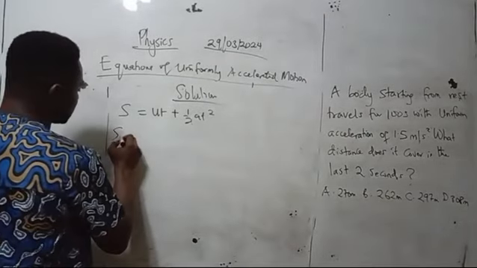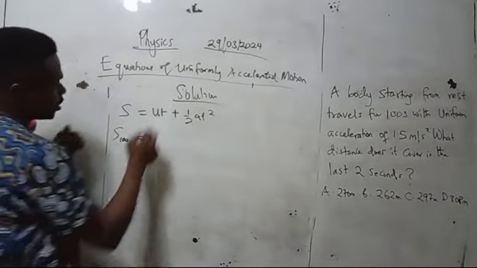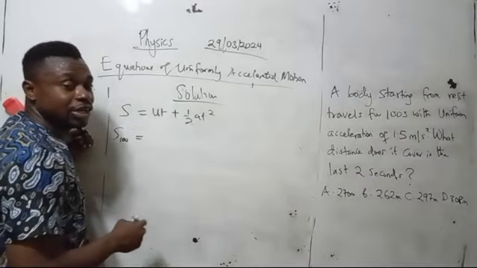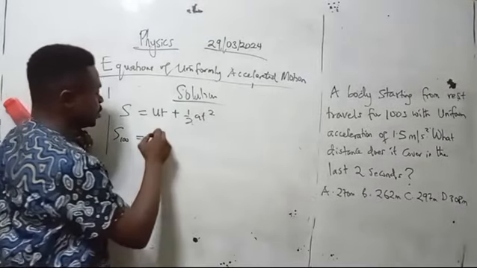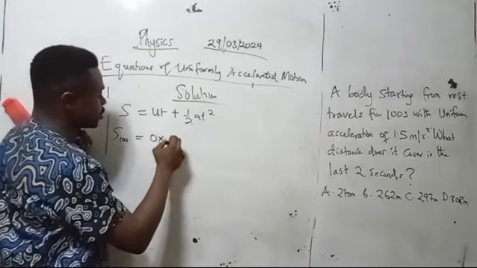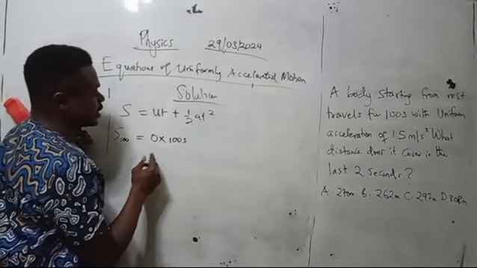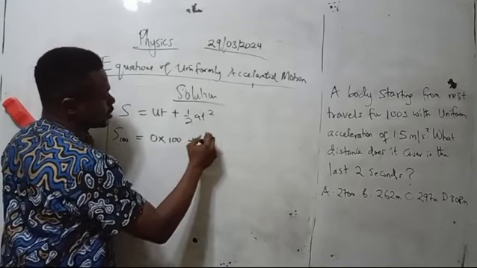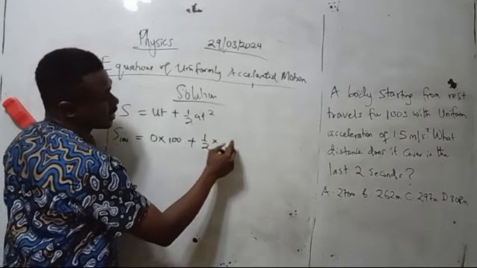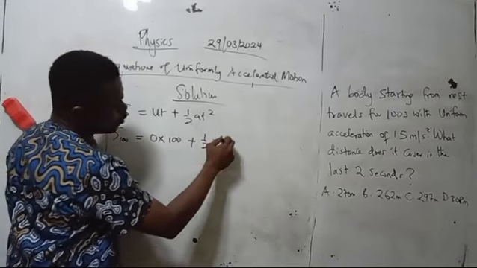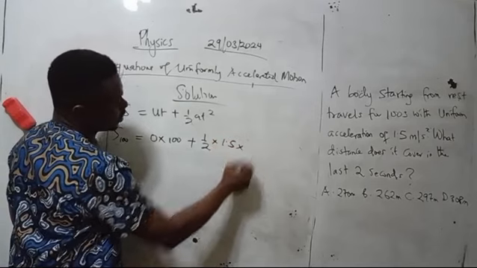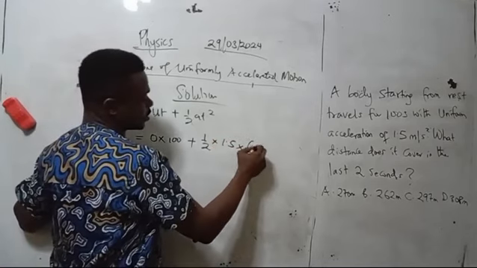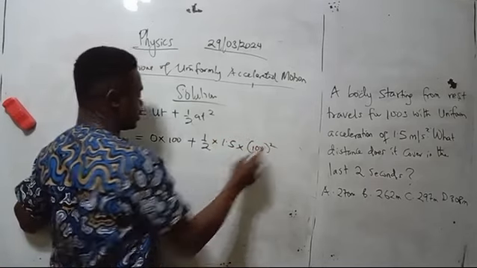So in 100 seconds, S100, we have what? Remember that the initial velocity is 0. So here is 0 times the time, 100 seconds. Here is automatically 0. Plus half times acceleration, 1.5, times time, 100 seconds squared.